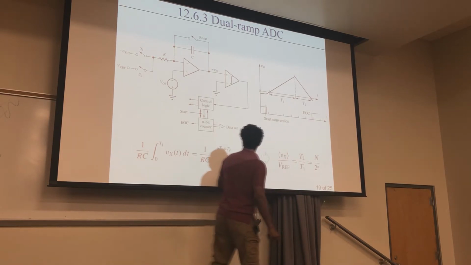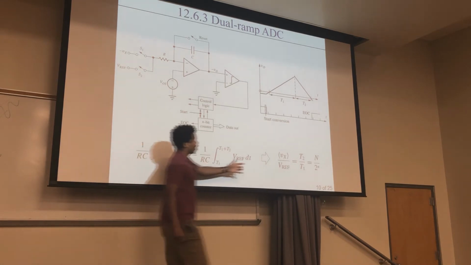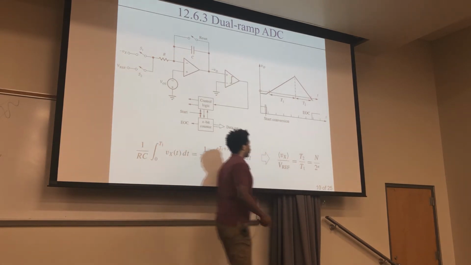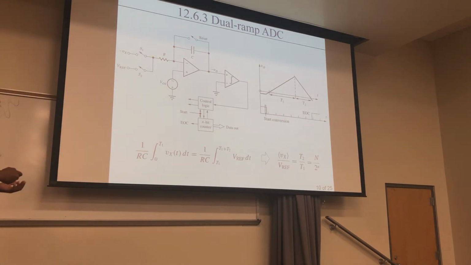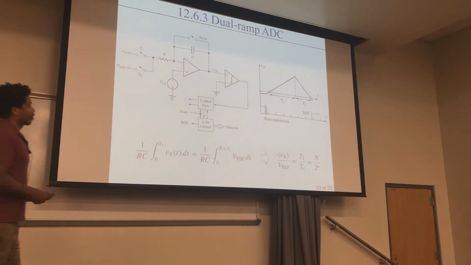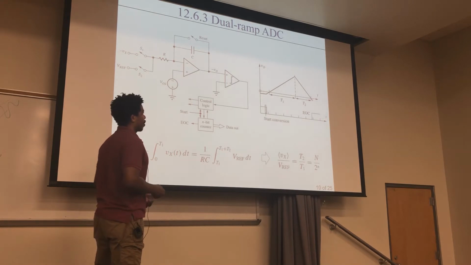Also, you can see that if you look at the times, you also have this ratio. Yes, it is kind of slow because you have to wait for this to build up and then wait for it to discharge right here. But it is another type of analog to digital converter. And then from those times alone, you can figure out what n is.